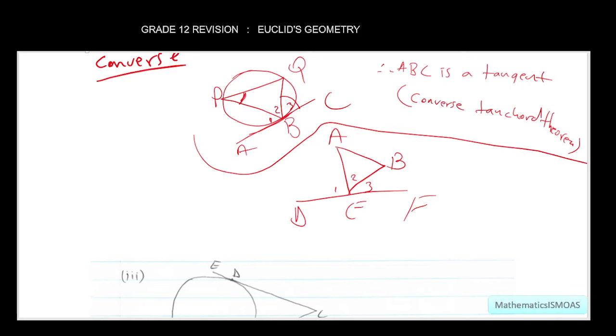And when you do the calculations, you are able to prove that angle E1 is equal to angle B. Therefore, DEF is a tangent. The reason? Same reason, converse tan-chord theorem. Meaning we can construct a circle that is passing through the vertices A, B, and E. So that is your converse of the tan-chord theorem.